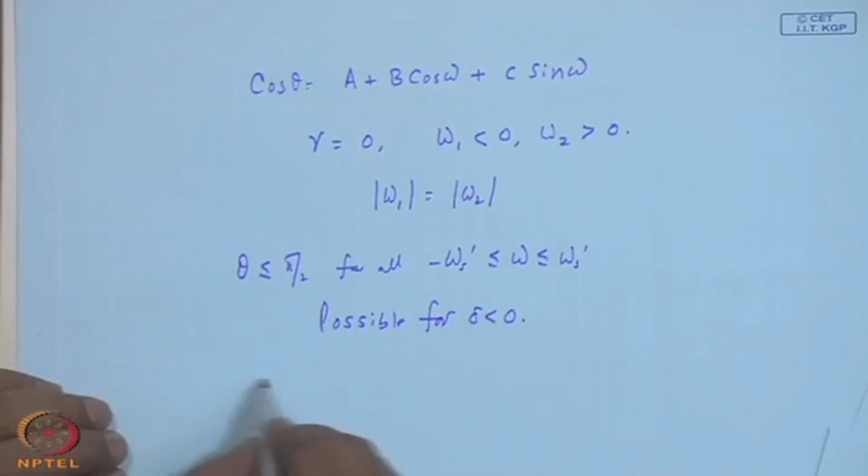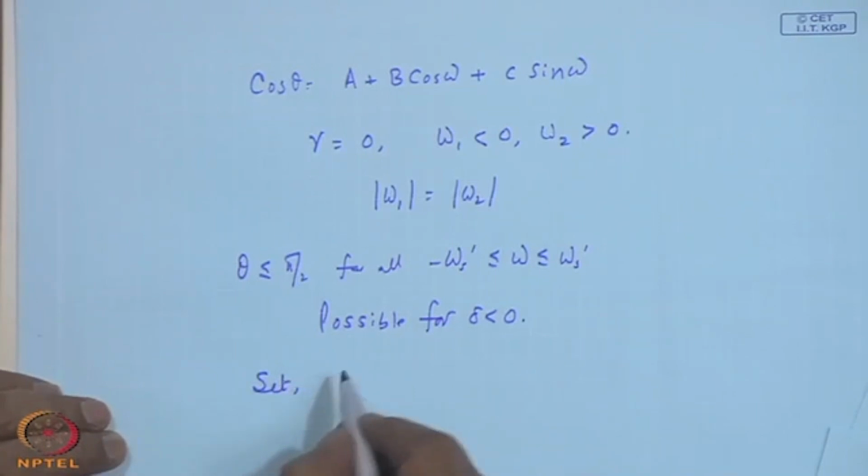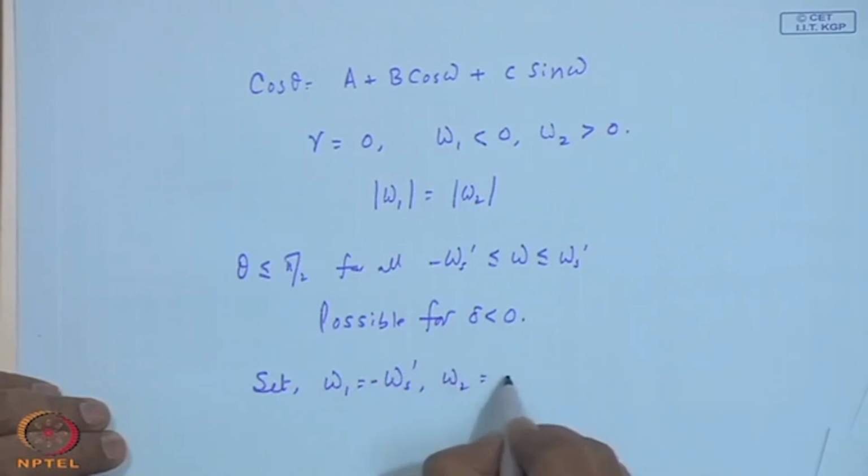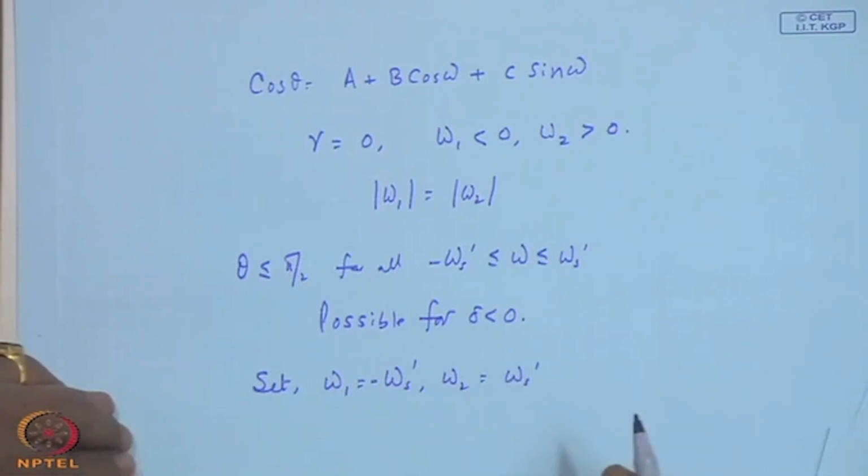Then you set omega 1 equal to minus omega s dashed and omega 2 equal to omega s dashed. So, only your middle integral remains, the other two automatically become 0.